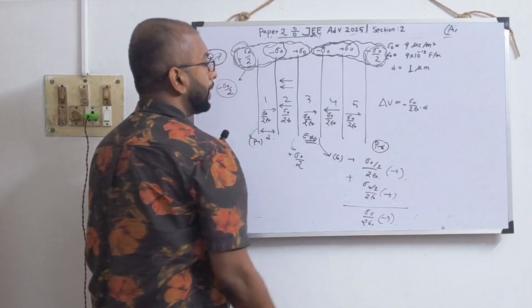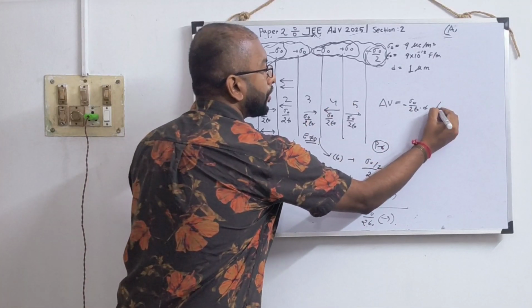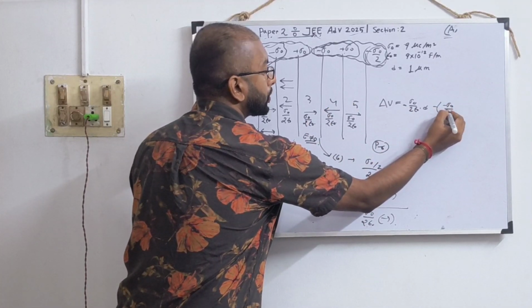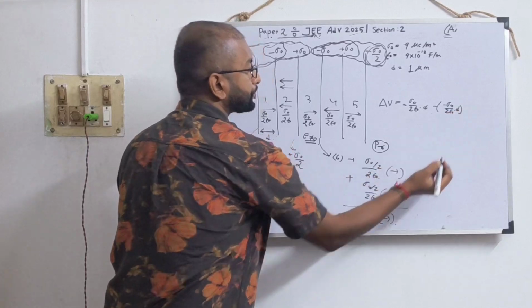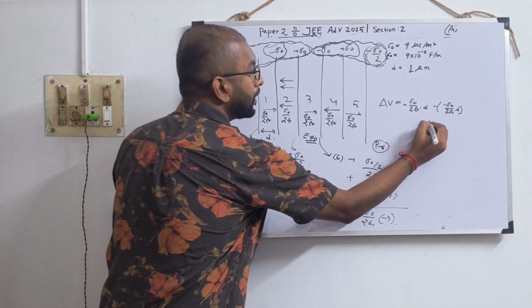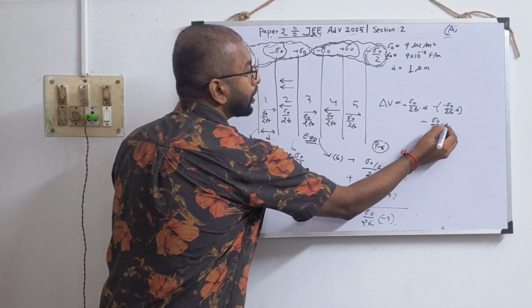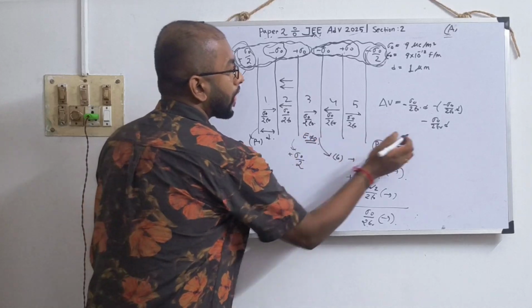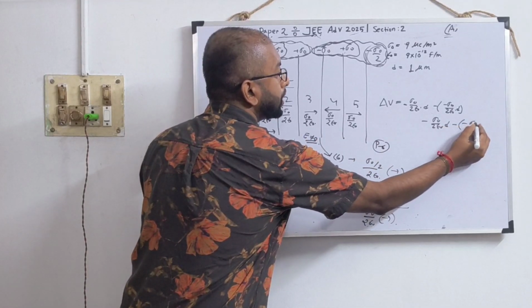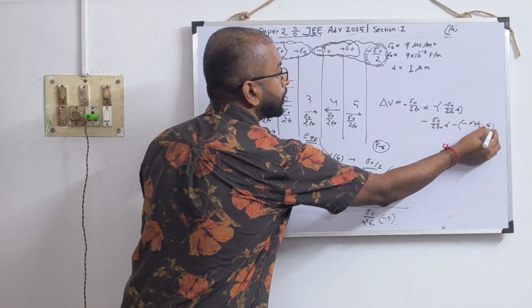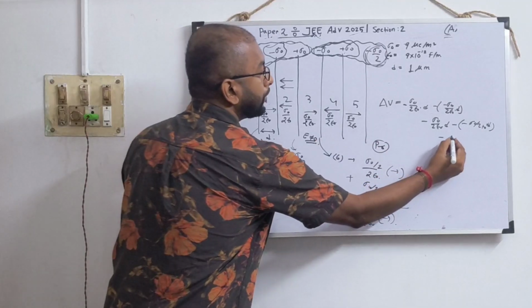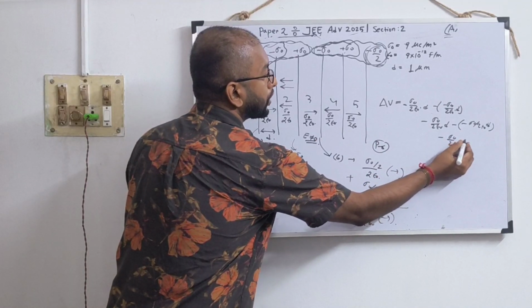Minus, of course; this one is already a minus, so minus sigma naught by 2 epsilon naught into d. Again, minus sigma naught by 2 epsilon naught into d. Minus of minus sigma naught by 2 epsilon naught into d. Again, finally, minus sigma naught by 2 epsilon naught into d.